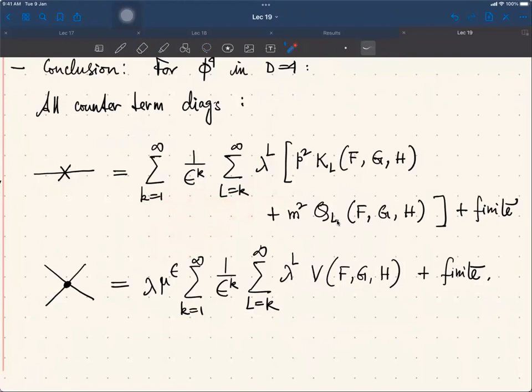So at a given fixed L, you will always have 1 over epsilon squared, and up to 1 over epsilon to the power L. I have written this summation in a different order here, but you can check that it is the same as what I wrote earlier for a fixed L. Now I am adding all these diagrams, and I can rewrite it in this form.